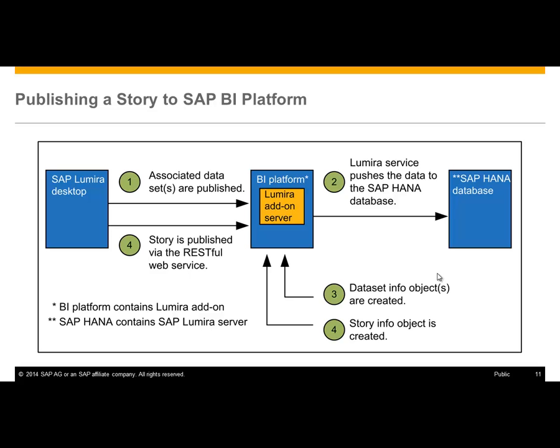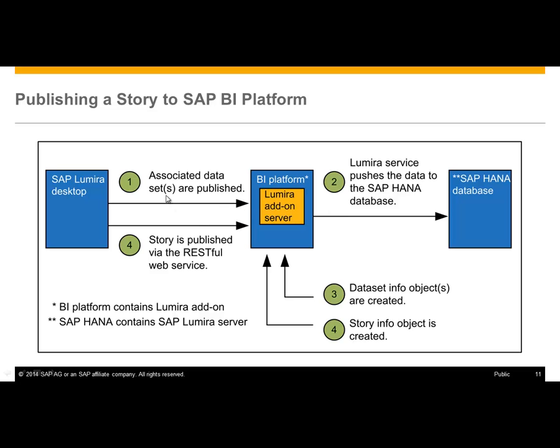Okay, so now let's go into a bit more detail, and then I will also show you a live demo of how this exactly works. As an end user, you will be logging into Lumira desktop, and once you have created your model, visualization and story, you just need to publish to BI, and that's the first step.